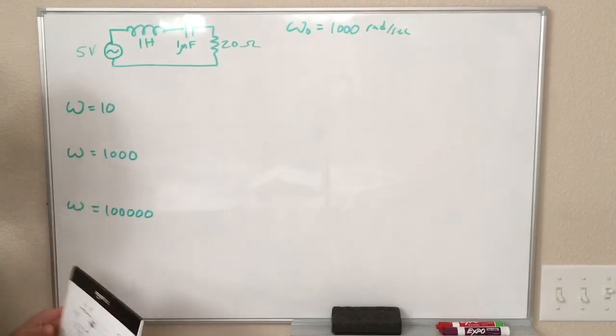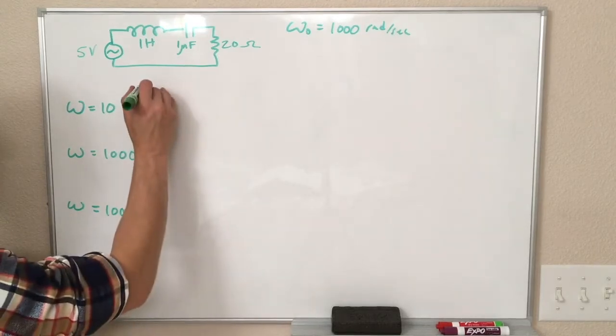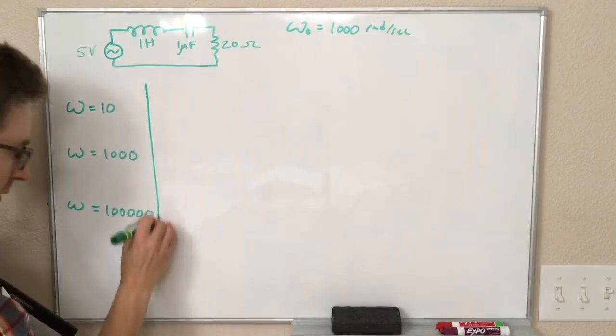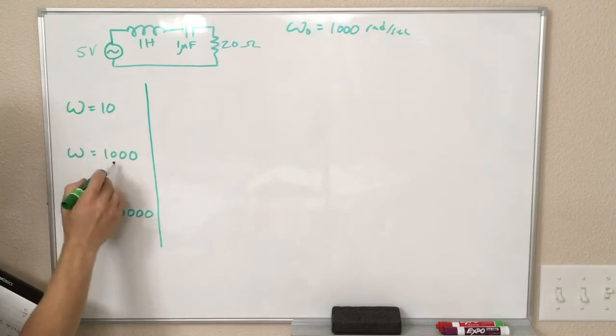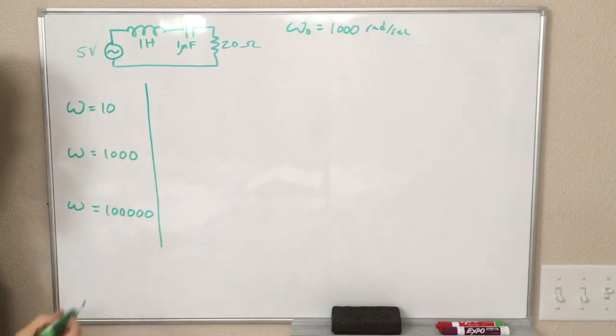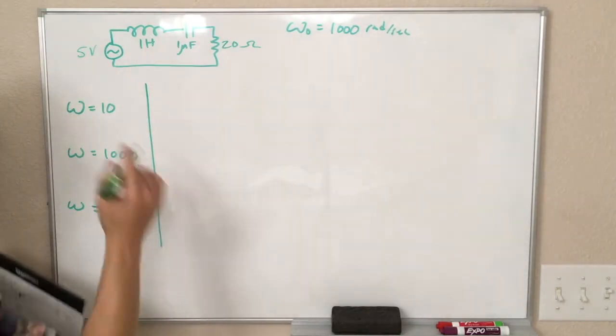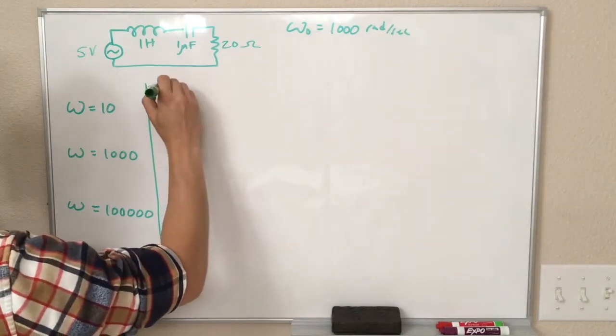So that's tens of thousands of hertz, 15,000 hertz or something like that. Okay, so for those different angular frequencies, and of course this one is the resonant frequency, but we want to look at one below the resonant frequency and one above the resonant frequency to get a feel for what's going on, I think. So let's calculate our reactances first.